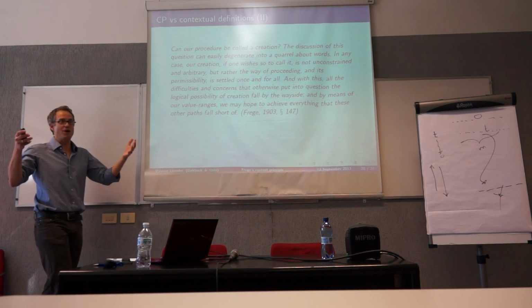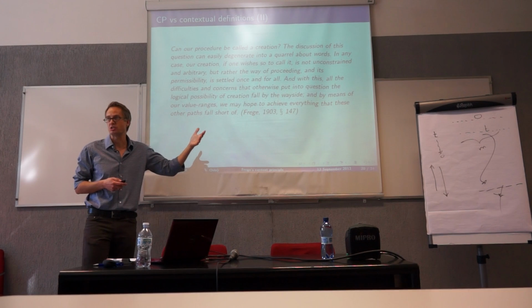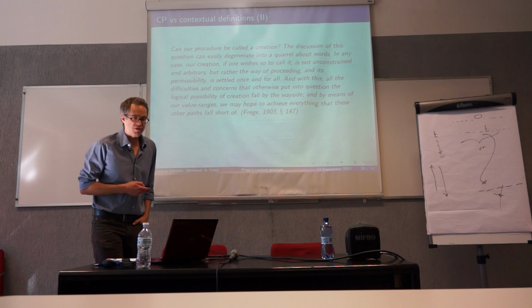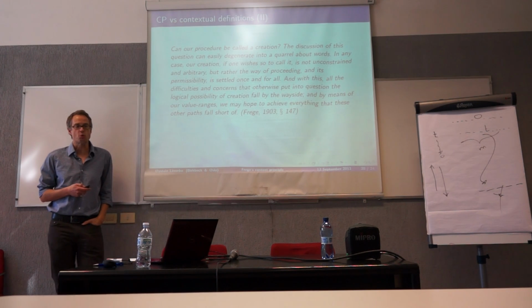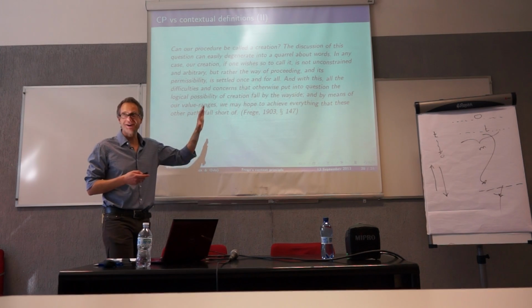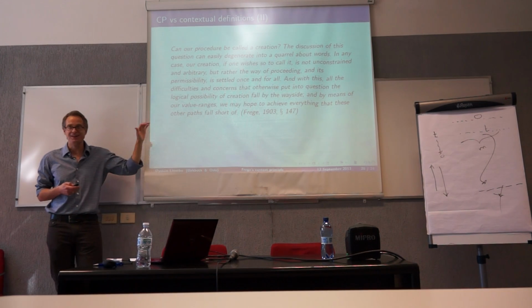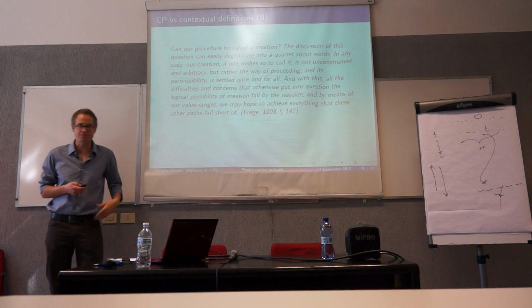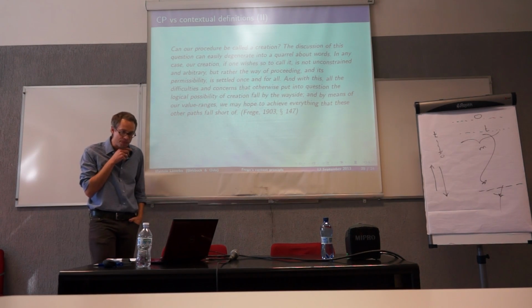Are we too now creating mathematical objects in the way that Frege criticized others for doing? The discussion of this question can easily degenerate into a quarrel about words. It's just a semantic issue whether Frege too is engaged in creation. He's been remarkably concessive here.